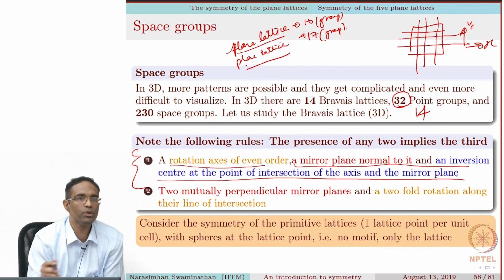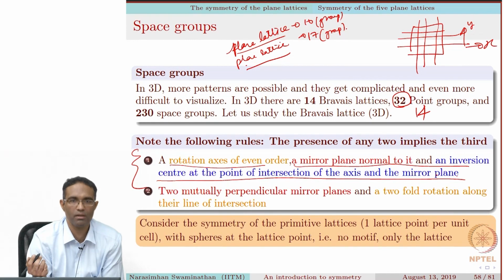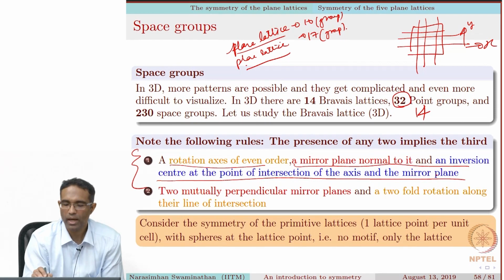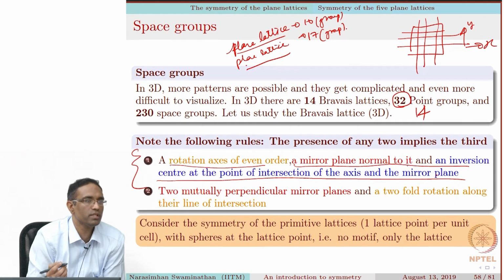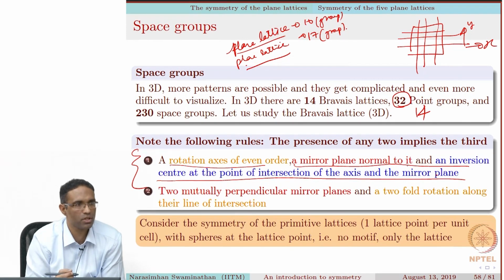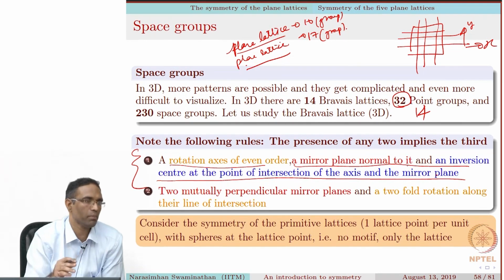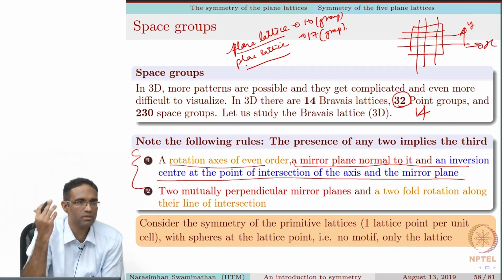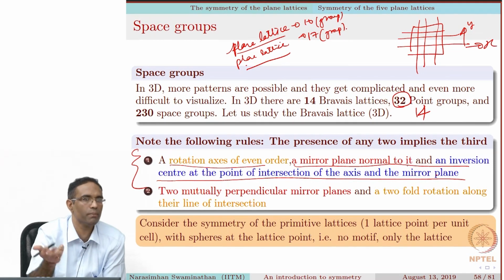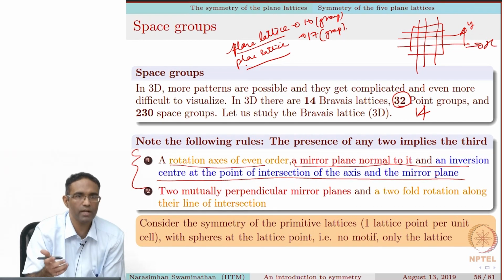The presence of any two of these things will automatically mean the other one. So if there is a rotation axis of order 4 and a mirror plane normal to it, it means there is going to be an inversion center at the point of intersection of the axis and the mirror plane. You can just think about it. We already saw this example when we were discussing the various symmetry elements, right?